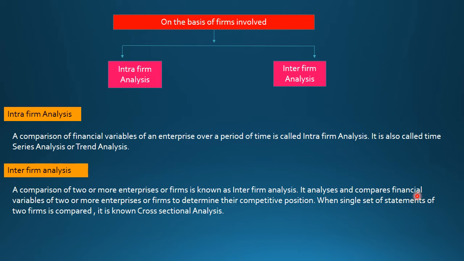It analyzes and compares financial variables of 2 or more enterprises or firms to determine their competitive position, to know which one is going very well. When a single set of statements of 2 firms is compared, it is known as cross-sectional analysis.